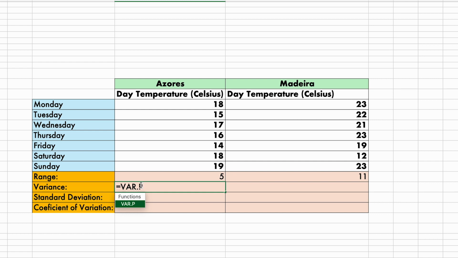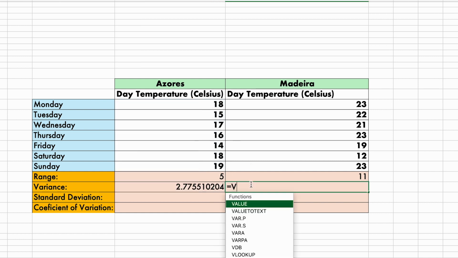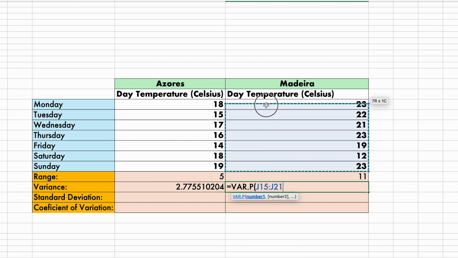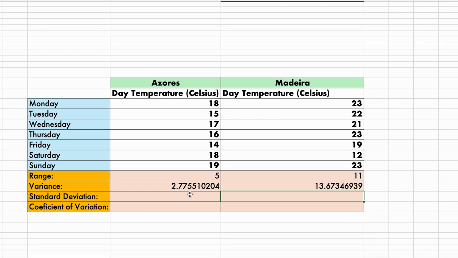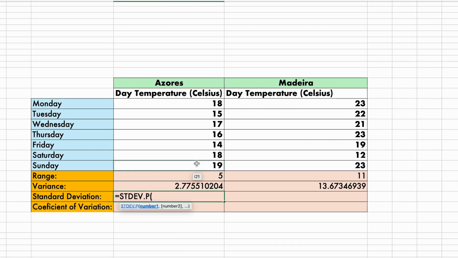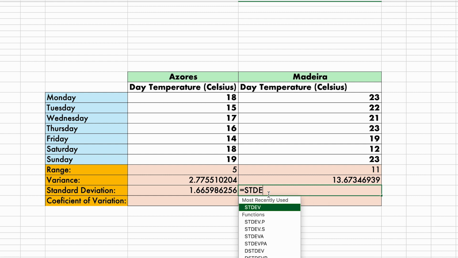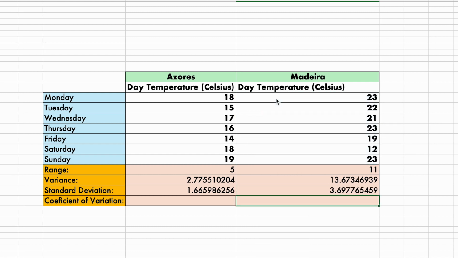Let us then calculate the variance and standard deviation using the population formulas. Let us assume we only want to study this exact week, so that's why we use the population. We obtain the same result as for the range.